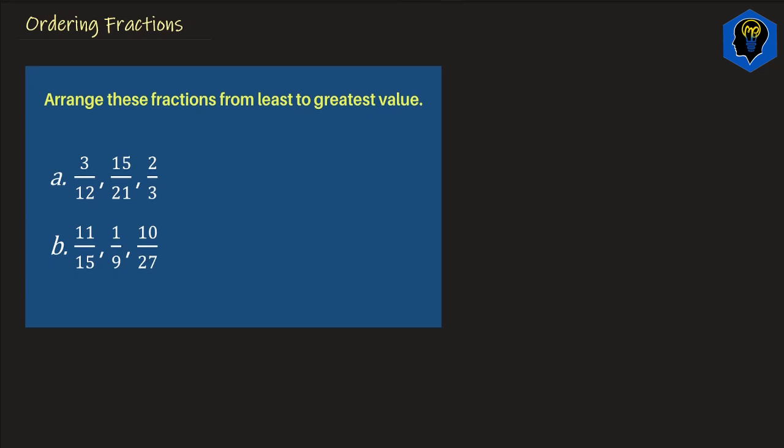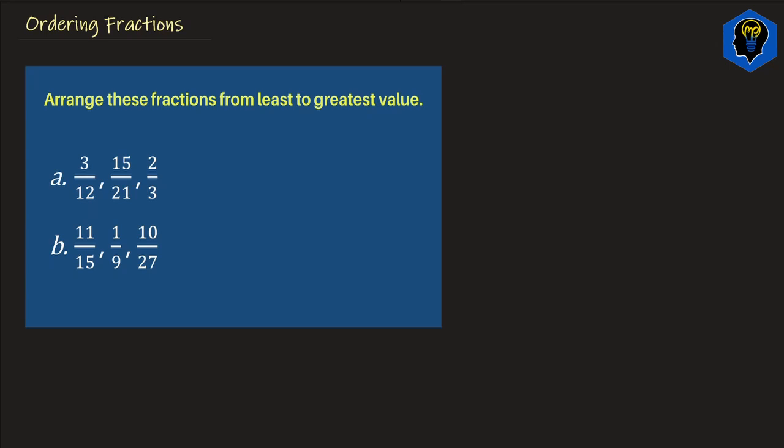So that means since they have different denominators, we could say that they are dissimilar fractions. Remember, in order for us to arrange fractions, we have to convert them first to similar fractions. Okay? So let's start with the first one.